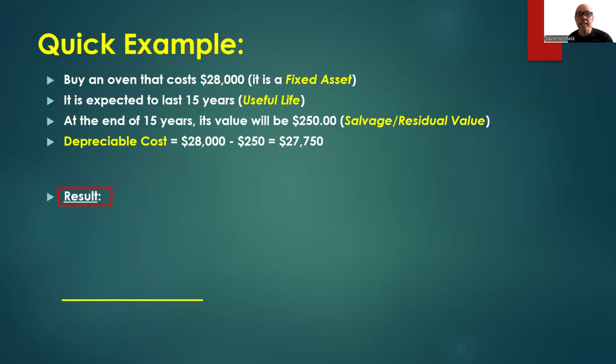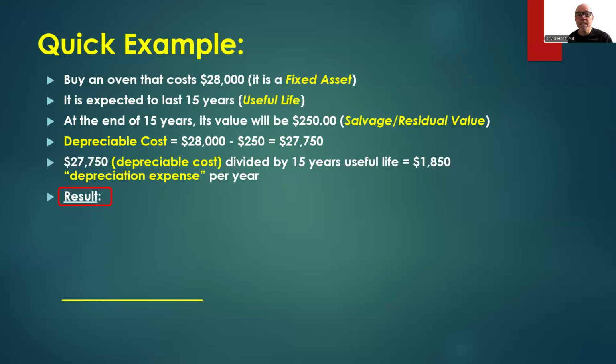Depreciable cost is the $28,000 original purchase price minus its salvage or residual value, in this case, $28,000 minus $250. Its depreciable cost, the cost that we can depreciate, is $27,750.